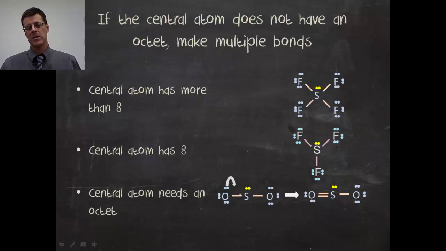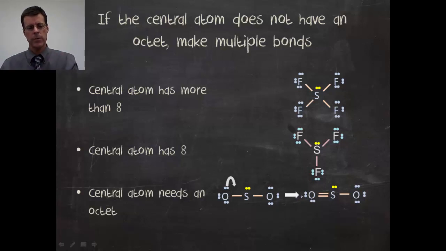Now, in some cases, if let's say this side were fluorine and this side were still the oxygen, which atom, oxygen or fluorine, is more likely to make a double bond? Well, then it will make a bit of a difference. We'll pick up some of those subtleties as we go through. For right now, it's not going to happen all that often where one side matters more than the other side. Once in a while. But I think you can use some common sense, some chemical sense, to figure that out.